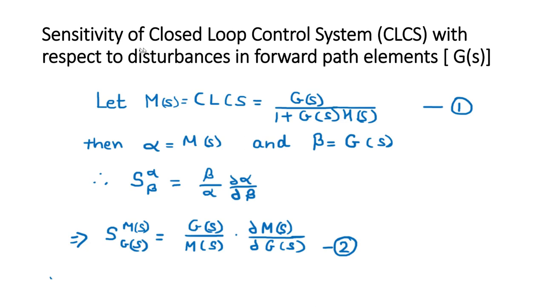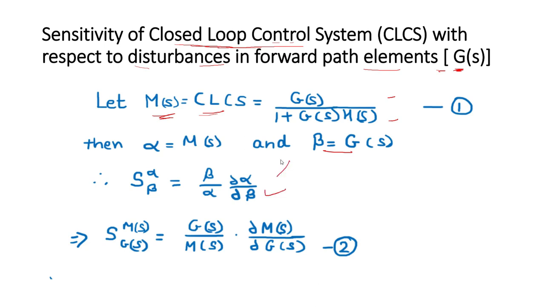So now we will see the sensitivity of closed loop control system with respect to disturbance in forward path element GS. So GS is your forward path element and it is your beta, and here alpha is the closed loop control system. We have denoted it by MS. So the value of MS we have just calculated is GS upon 1 plus GSHS, and then this is the sensitivity formula.